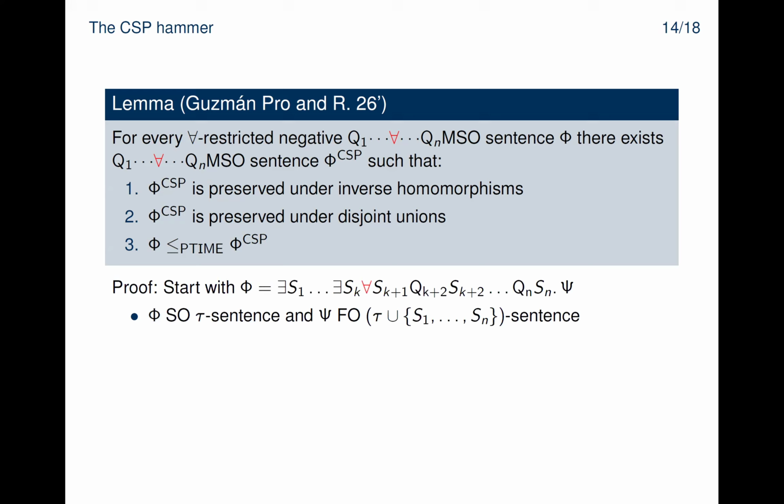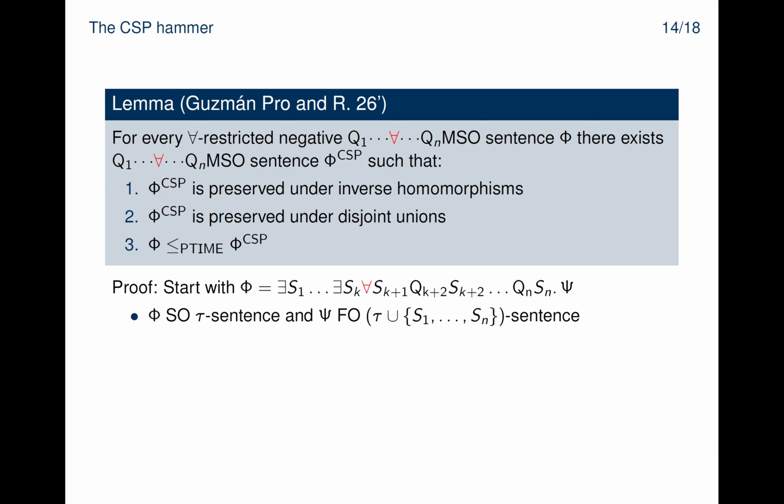So how does this work? Right, we start with such a sentence phi, and we identify the first position in the second order quantifier prefix where there is a universally quantified second order variable.